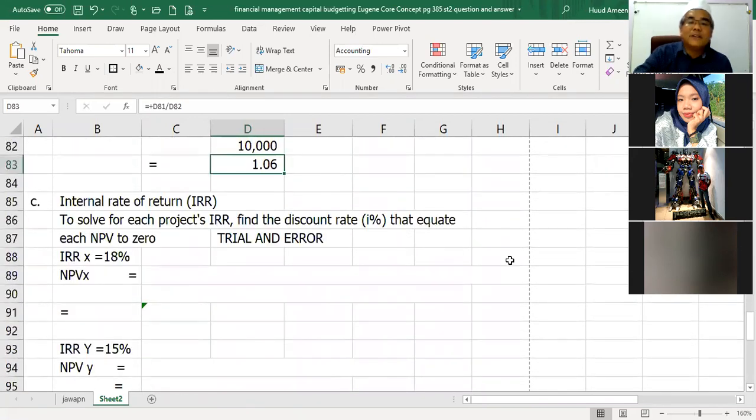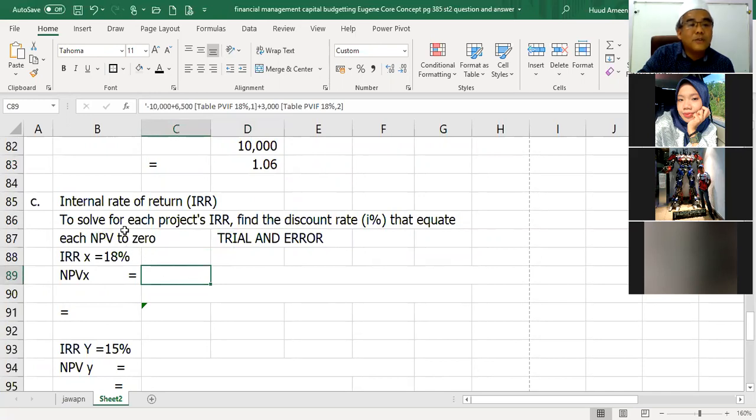All right, internal rate of return is a very tough, difficult question. I will just summarize because we have about 10 minutes left. To solve for each project, find the discount rate that equates each NPV to zero.